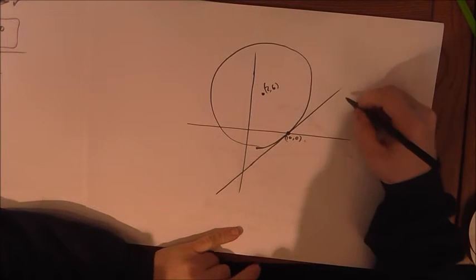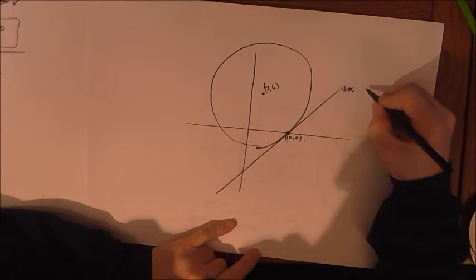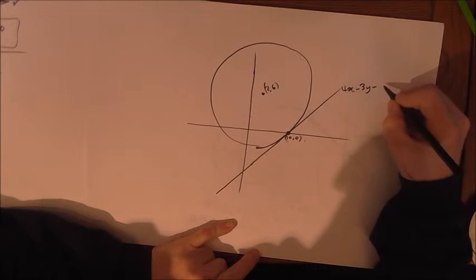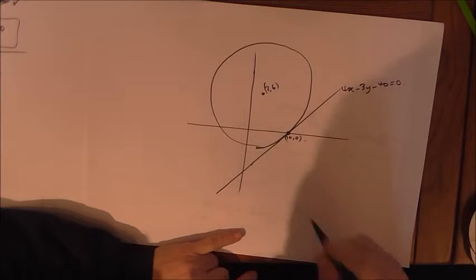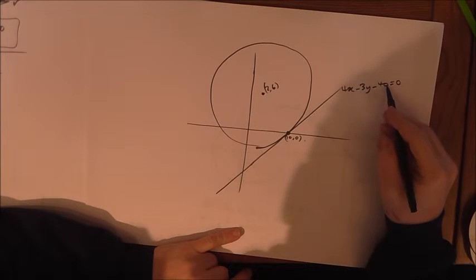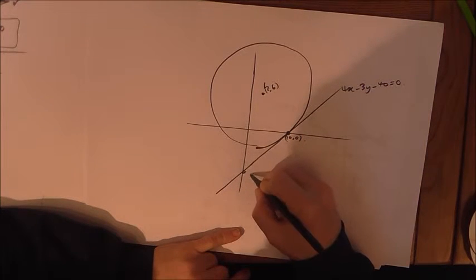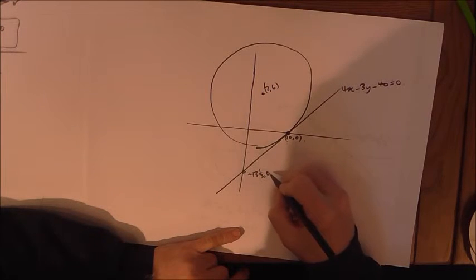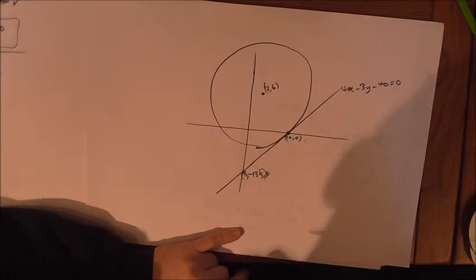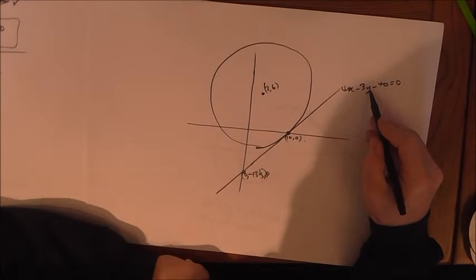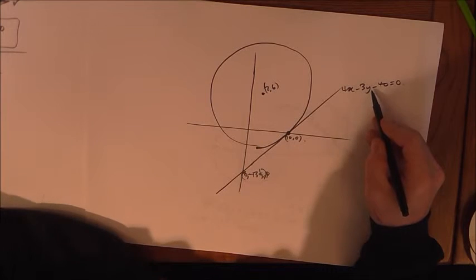The line is 4x minus 3y minus 40 equals 0. The y-intercept of that is negative 13 1/3. I just got that by making x equals 0 there and then solving.